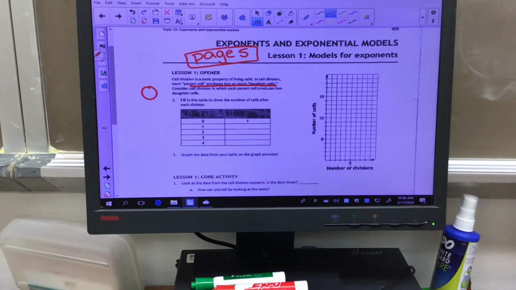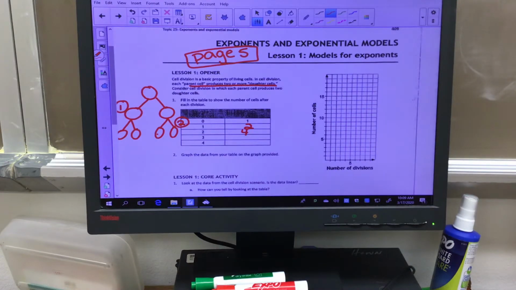When this cell divides, it's going to divide into 2 daughter cells. So 1 division is going to give me 2 cells. Each of my 2 cells are then going to further divide into 2 more cells. So at 2 divisions, I have 1, 2, 3, 4 cells.